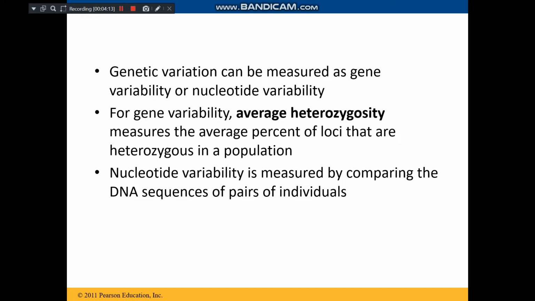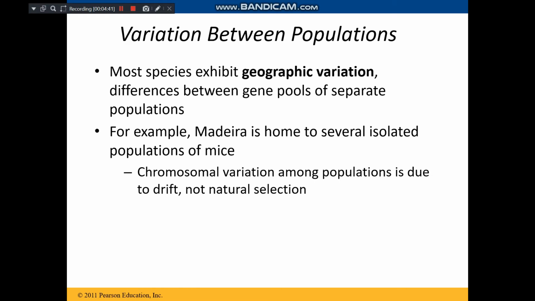If there is a pair, male and female, you have to study the DNA sequences of both, and then you have to measure the nucleotide variability, because DNA sequence study will give you the differences, especially in the nitrogen base arrangement.